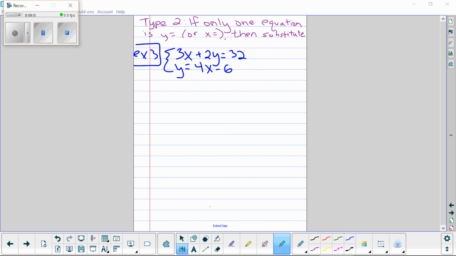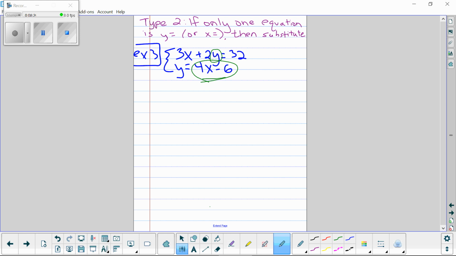Okay, so hopefully you were able to see that this does fall under the type 2 qualification because only one equation starts with y equals. So since it's y equals, then I'm going to take what it's telling me that y equals is 4x minus 6, and I'm going to replace the y in the other equation.